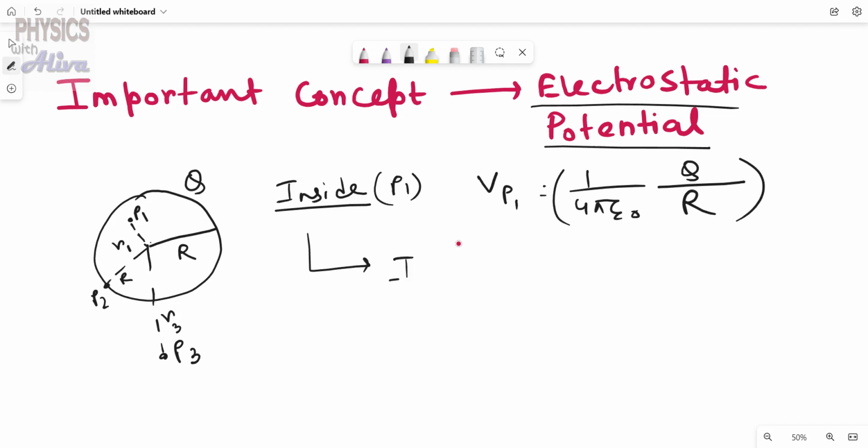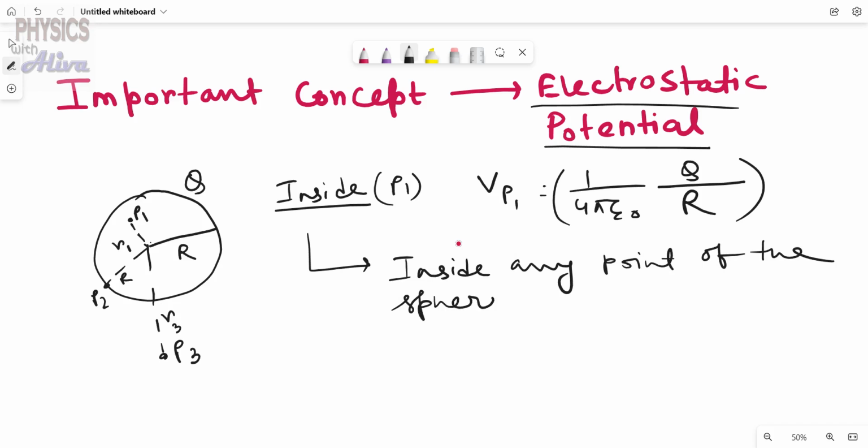So we can conclude that at any point inside the sphere the potential is constant, because capital R is the radius of the sphere, which is constant.